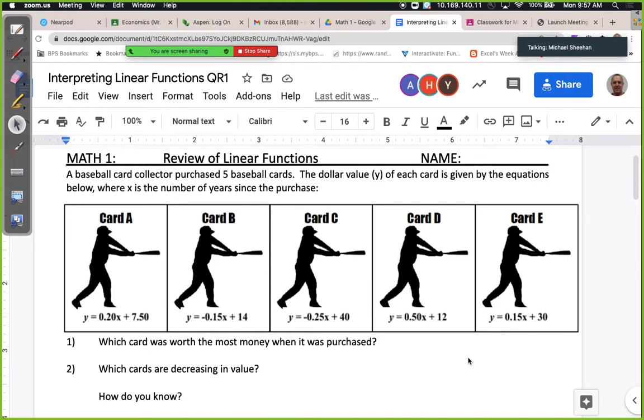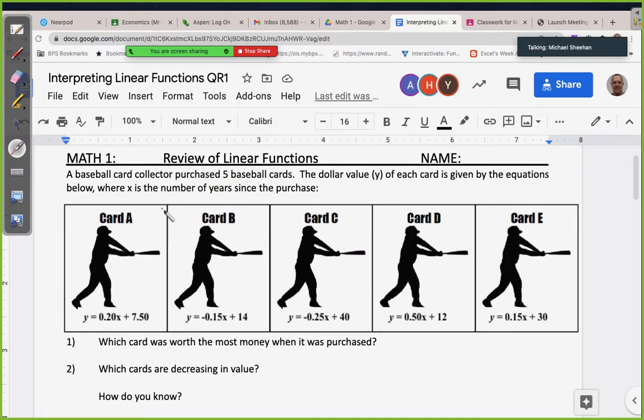All right, and what I want to do is look at the y-intercepts. The y-intercepts are my starting amount. This card started off at $7.50. This one started off at $14. This one started off at $40. This one started off at $12. This one started off at $30. Y is dollars. X is years.